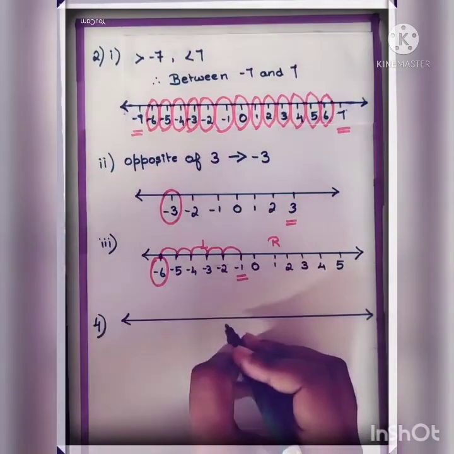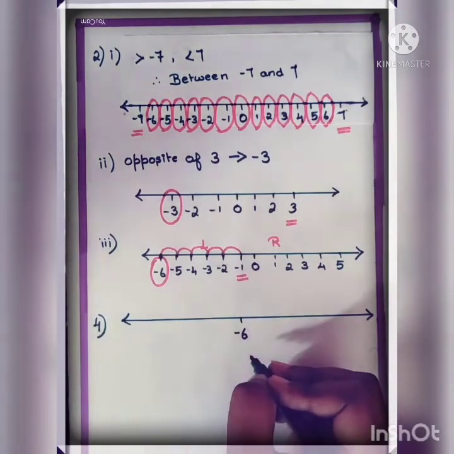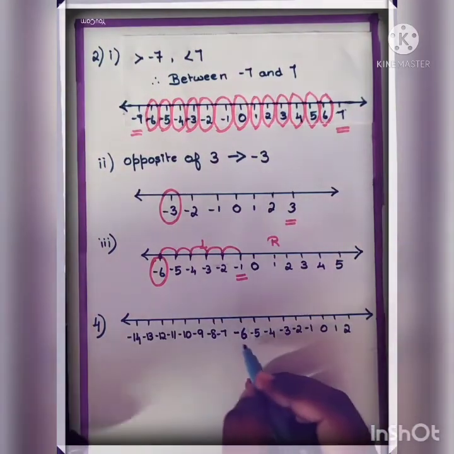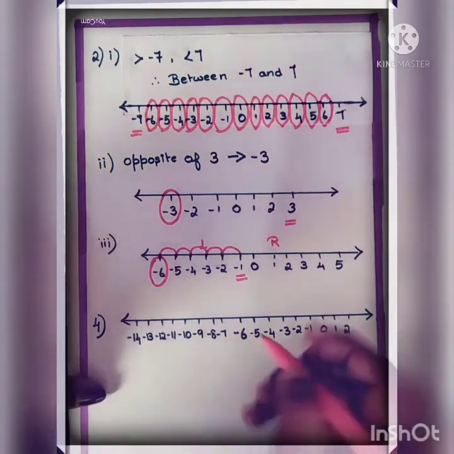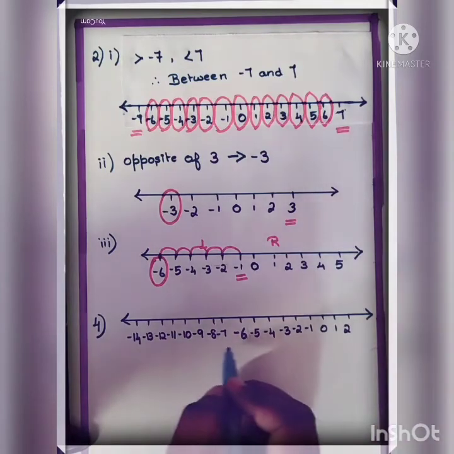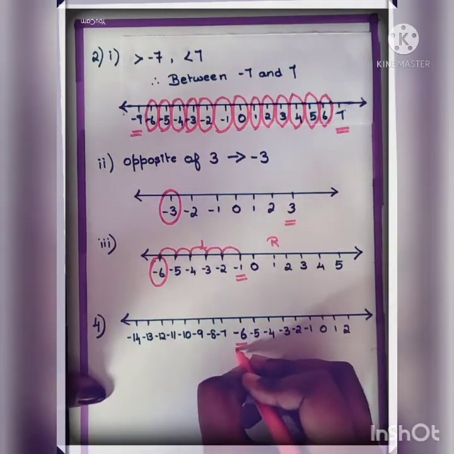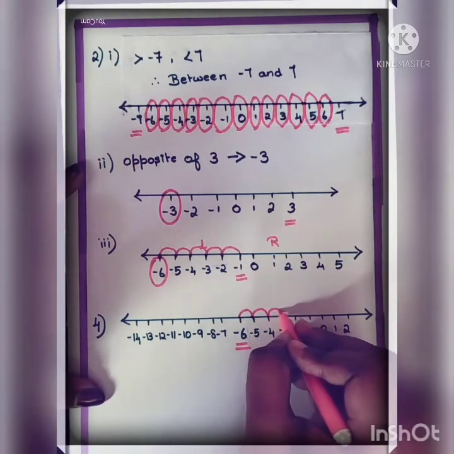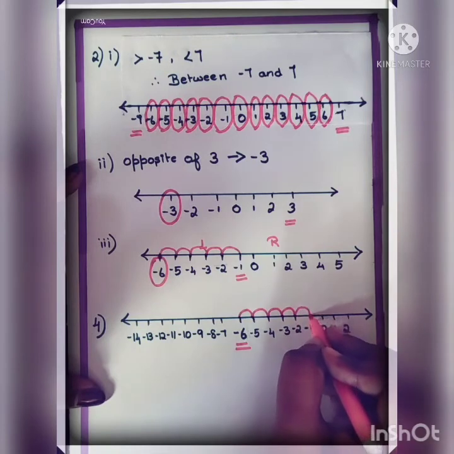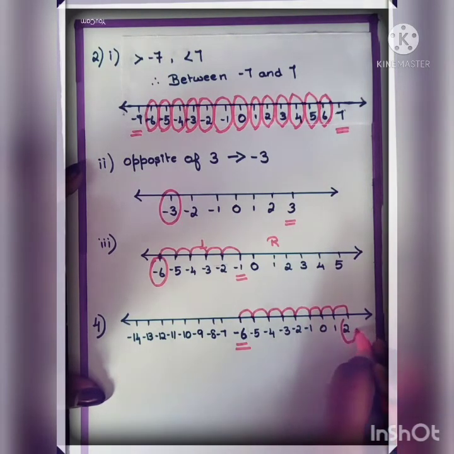Now, let us take the fourth question. We are asked to identify the integers and mark on the number line which are at a distance of 8 units from -6. This can either be the integer at 8 units to the left of -6 or to the right of -6. So keeping -6 as the center and moving 8 units to the right side of -6, we get the integer 2.